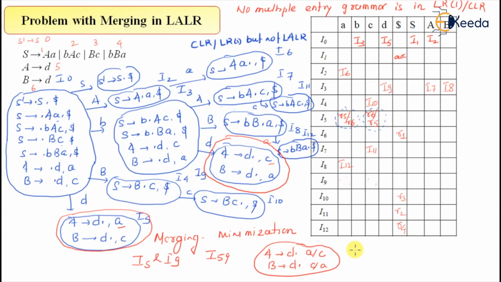So now because of merging, the LALR table is having a reduce conflict.